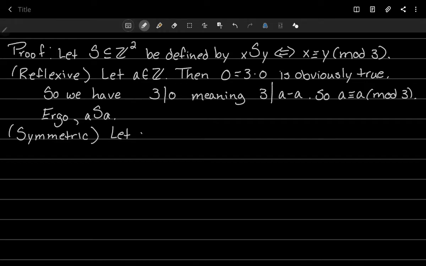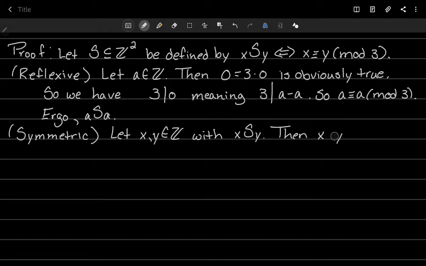Now we're going to let x and y be elements of Z with x related to y. And now I'm going to use my scratch work. Then x is congruent to y mod 3.